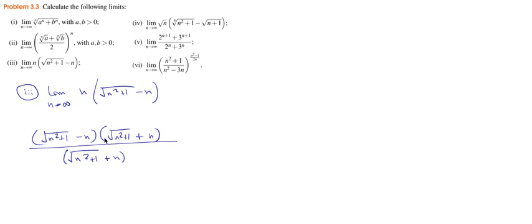And then in the numerator, this is a minus b times a plus b. So you have the difference of the squares, a squared minus b squared. A squared is n squared plus 1, and then b squared is n squared. And here you have the square root of n squared plus 1 plus n.